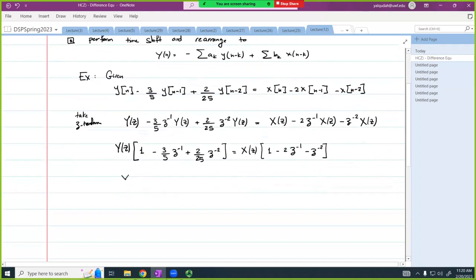Then I'm going to write y of z divided by x of z. This is equal to h of z, and this is going to equal 1 minus 2 z to the negative 1 minus z to the negative 2 divided by 1 minus 3 over 5 z to the negative 1 plus 2 over 25 z to the negative 2.